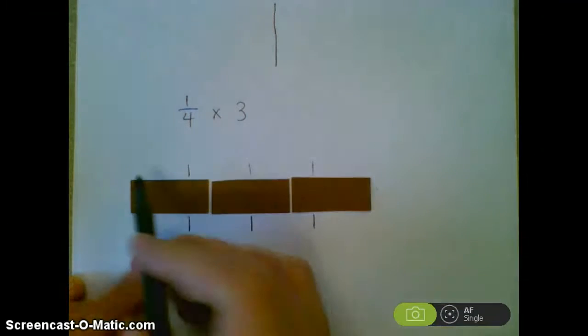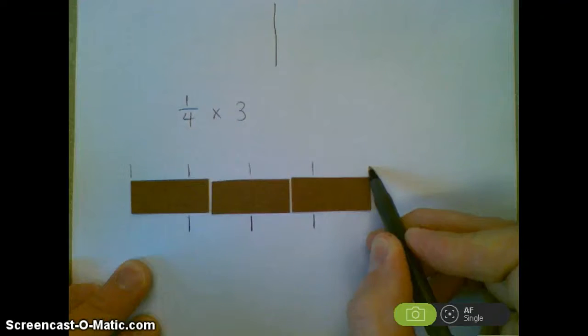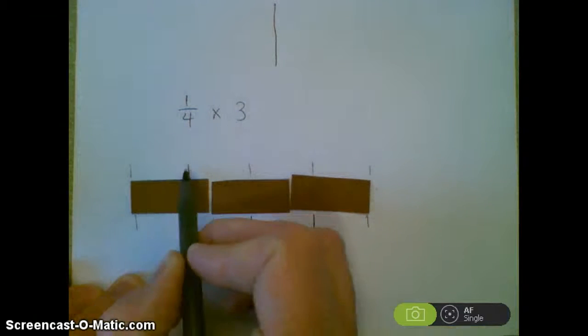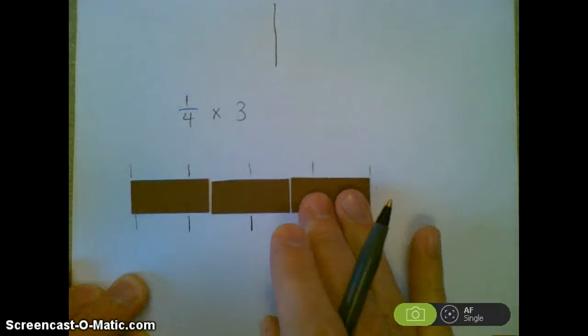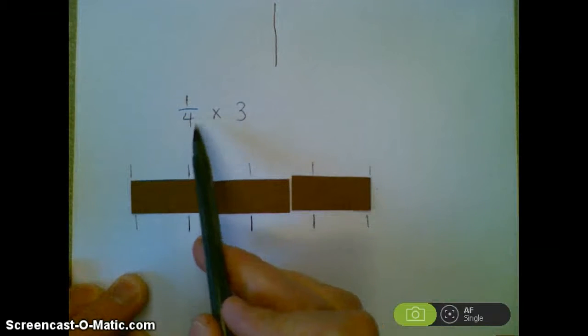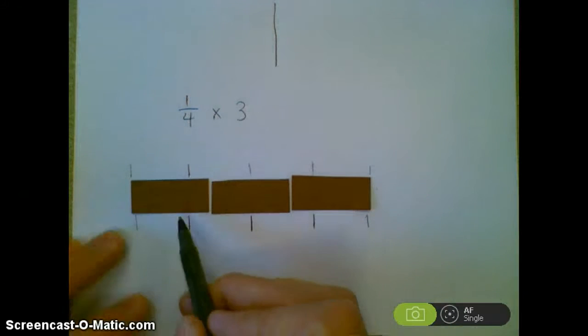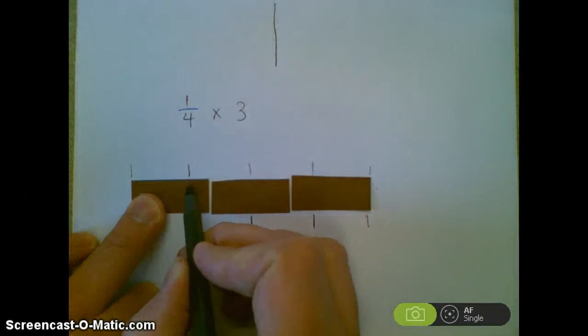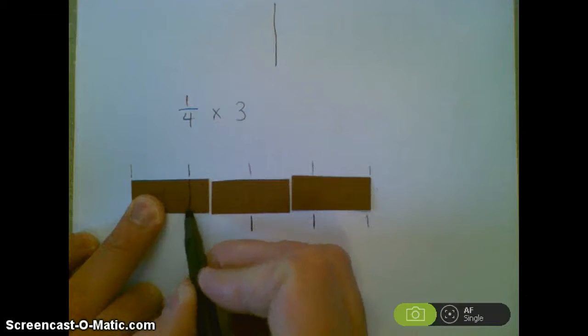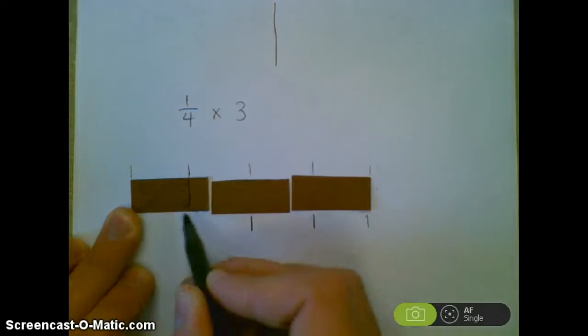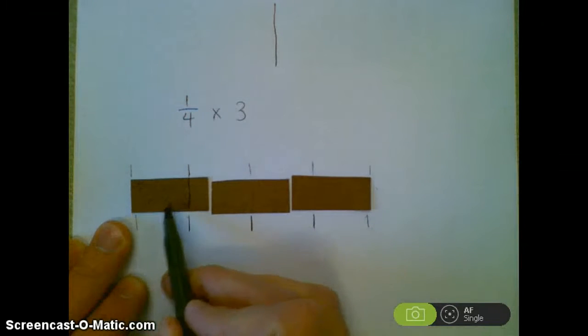Okay, so I've got 4 equal parts here. So 1, 2, 3, 4. So I'm asking for 1/4, one of those 4 parts. And what is the length of that part? Well, I can see that if I'm taking one of those 4 parts that I divided my 3 into, that's it.